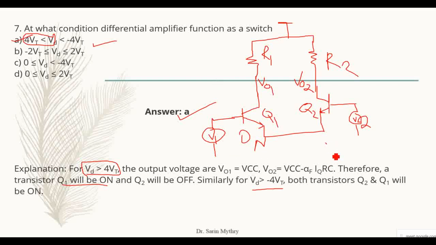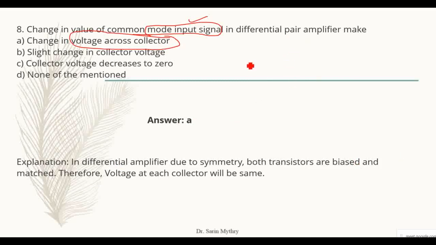In the problem we are discussing right now, it is mentioned that your V2 is not equal to V1. V2 is not equal to V1 means what? Ultimately, it is a differential amplifier with two different inputs, so you are going to get a difference in the collector. So the collector is also going to change ultimately.